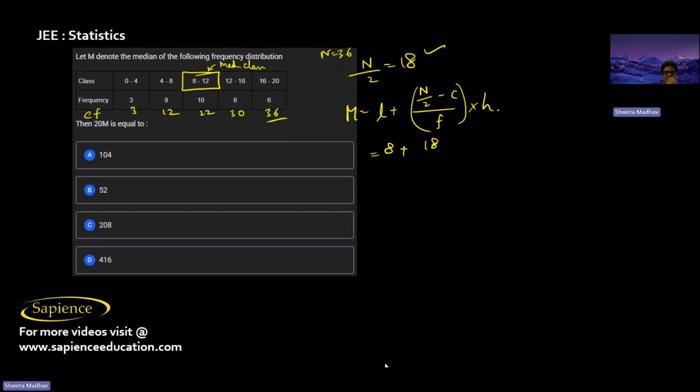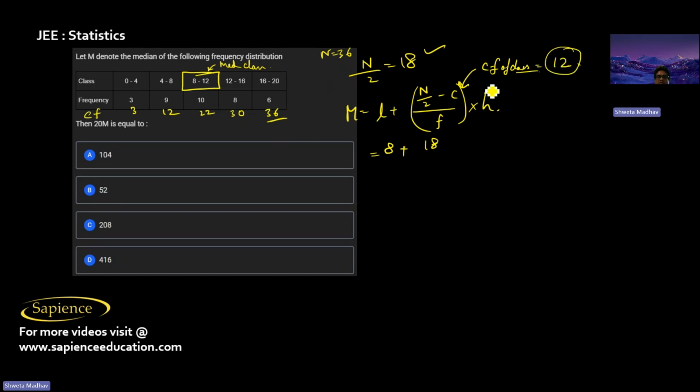So here, C is what? n by 2 is 18 and C is the cumulative frequency of the class just preceding the median class. So cumulative frequency of that class will be 12.